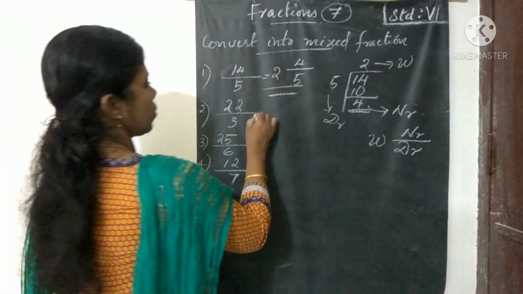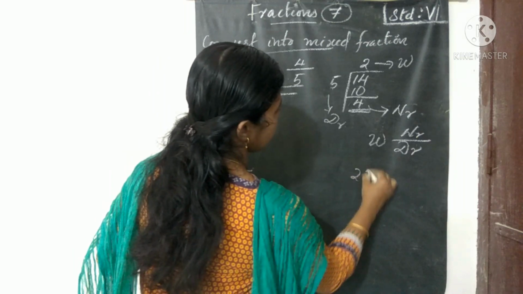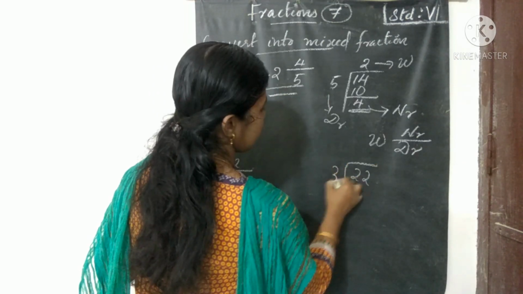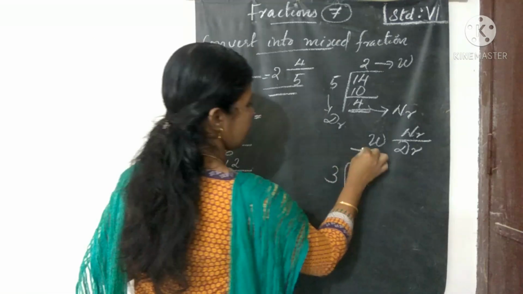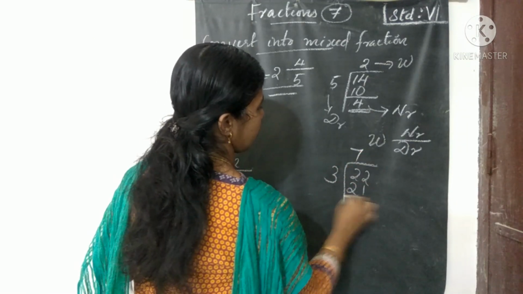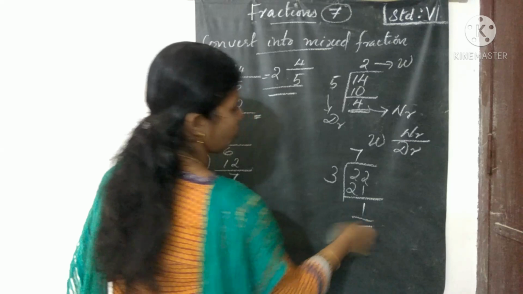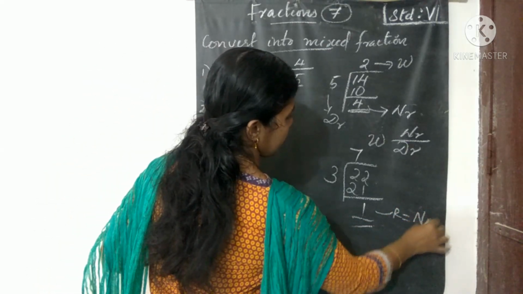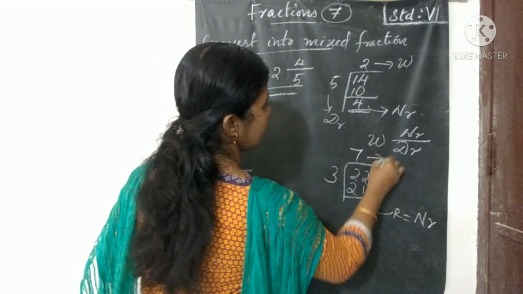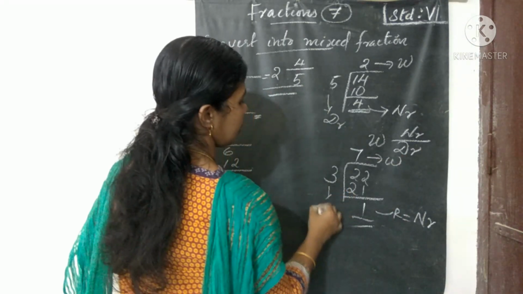Then the second question, 22 divided by 3. How many 3s in 22? Yes, 7 threes are 21. Balance 1. Here this is the remainder, that is the numerator. This is the whole number part, this is the denominator.